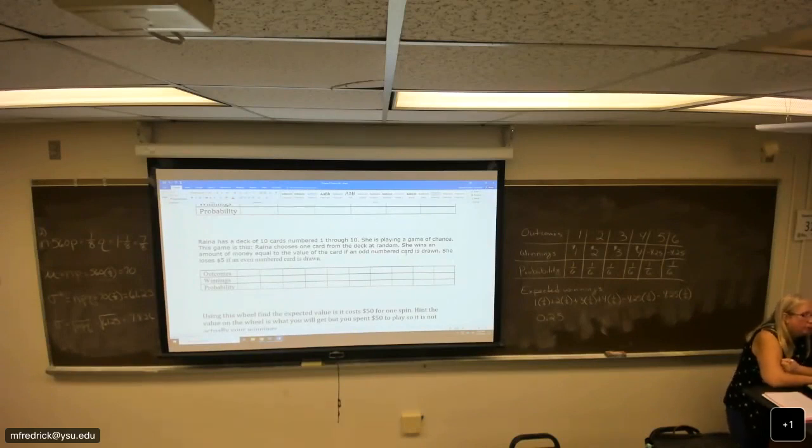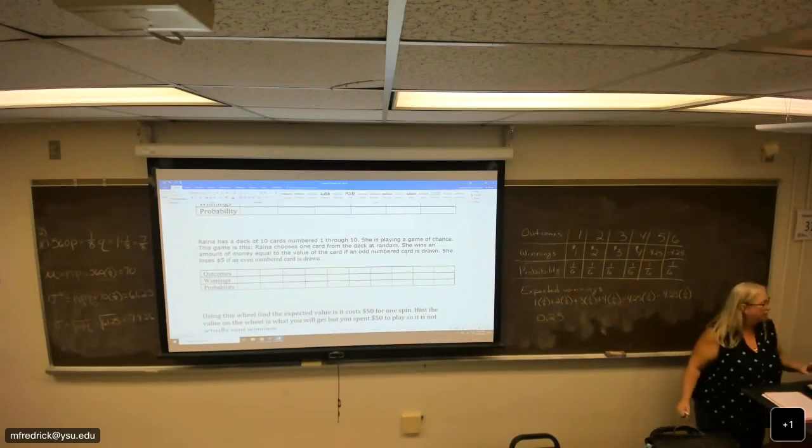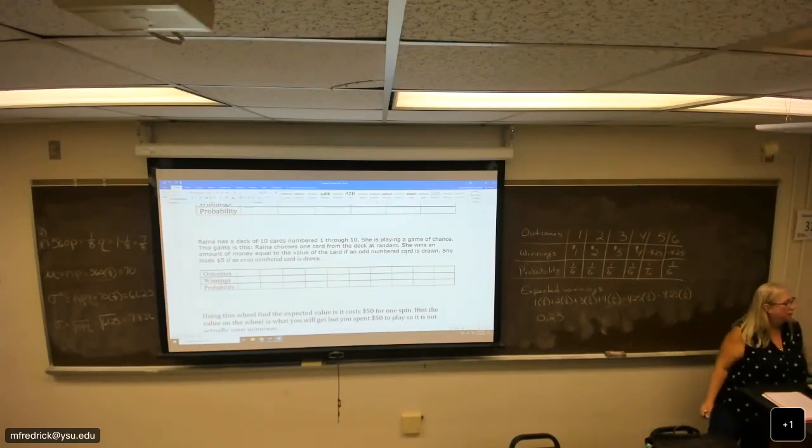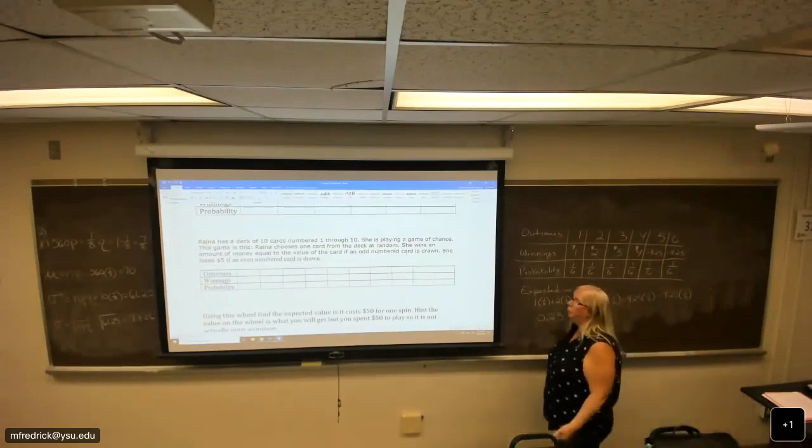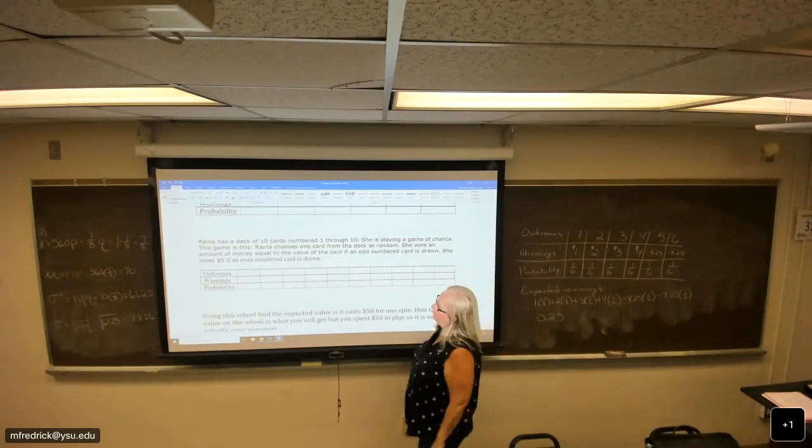Now, we don't want to go even and odd simply because she wins the face value of the card on the odd, so it's not the same amount each time that you're winning. So if it's a 1, she wins $1. If it's a 3, she wins $3.